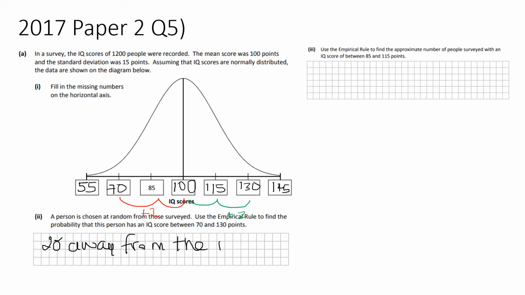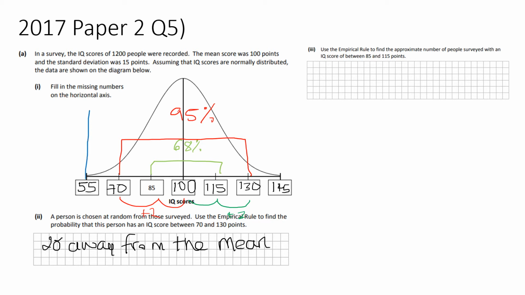So if you think about how many standard deviations away it is from the mean, if it's 1 standard deviation away from the mean, that's where your 68% comes from. If it is 2 standard deviations away from the mean, that is where 95% comes from. And if it is 3 standard deviations away from the mean, it's 99.7.